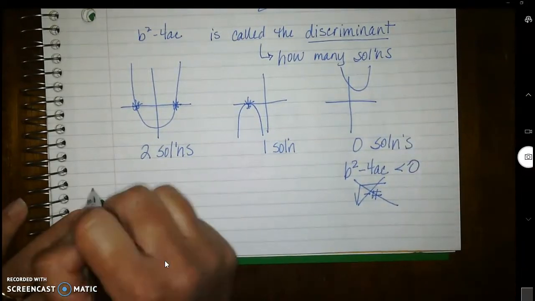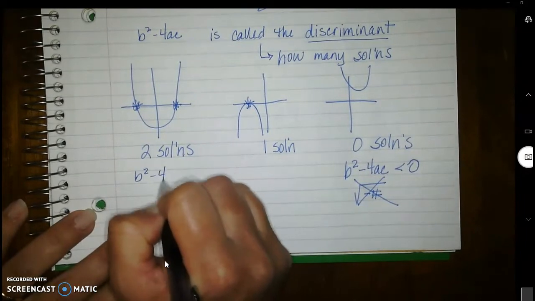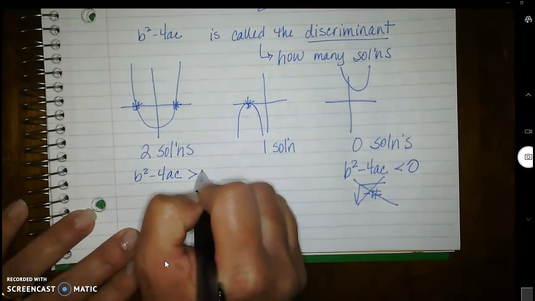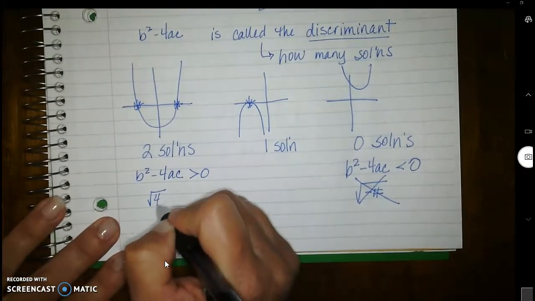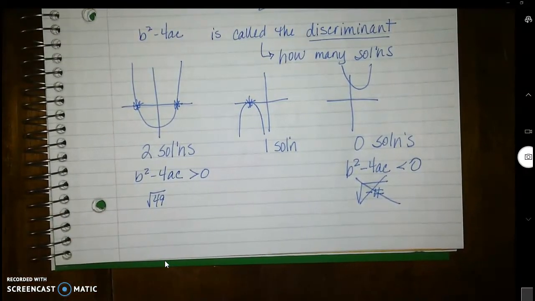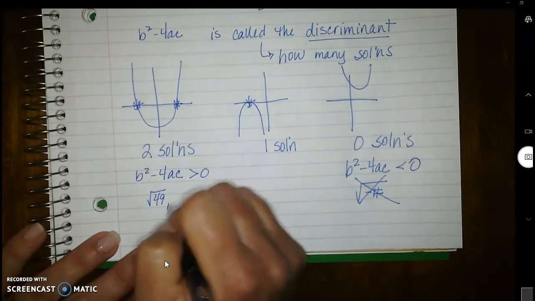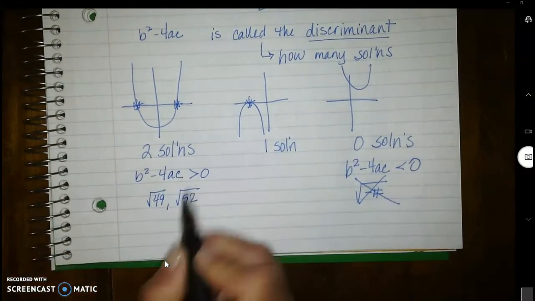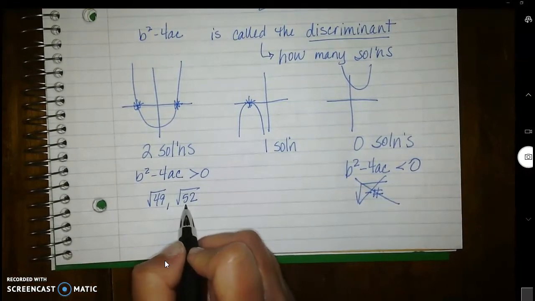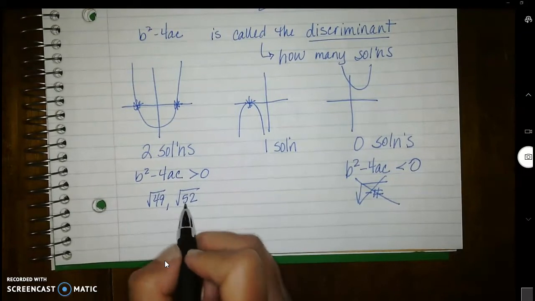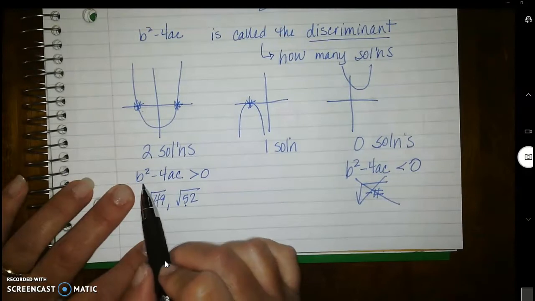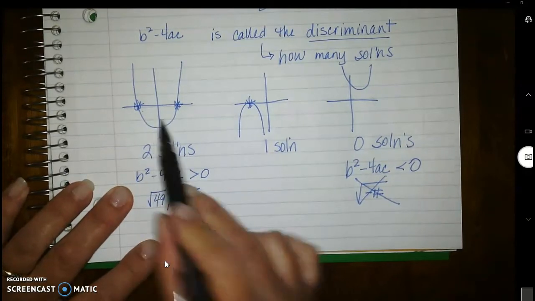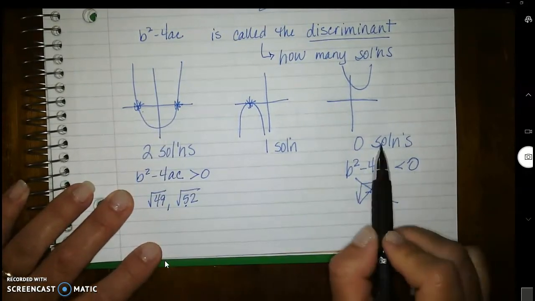If you get the discriminant to be a positive number, okay, so you end up getting like the square root of 49. Well, you can take the square root of 49. You're going to get a 7. You can take the square root of 52. You might not get a nice pretty number, but you're still going to get a number, okay? That means that you have 2 solutions. So when the discriminant is positive, it's 2. When it's negative, it's none.